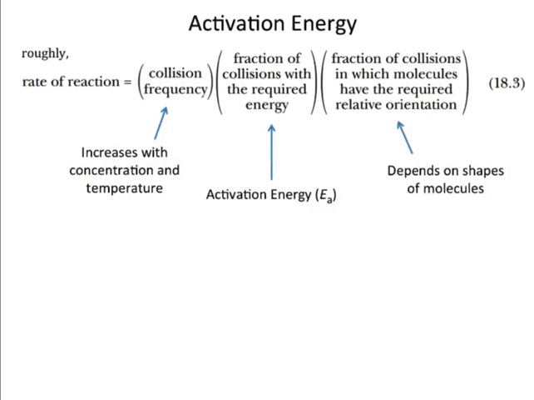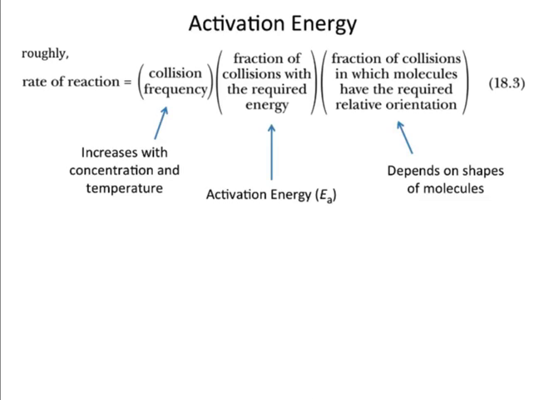So, roughly the rate of reaction depends on these things. This is a very big picture schematic definition of it, but it's good enough for our purposes. The rate of reaction depends on collision frequency, how often these molecules run into each other, and as you increase the concentration and increase the temperature, this will happen more frequently.